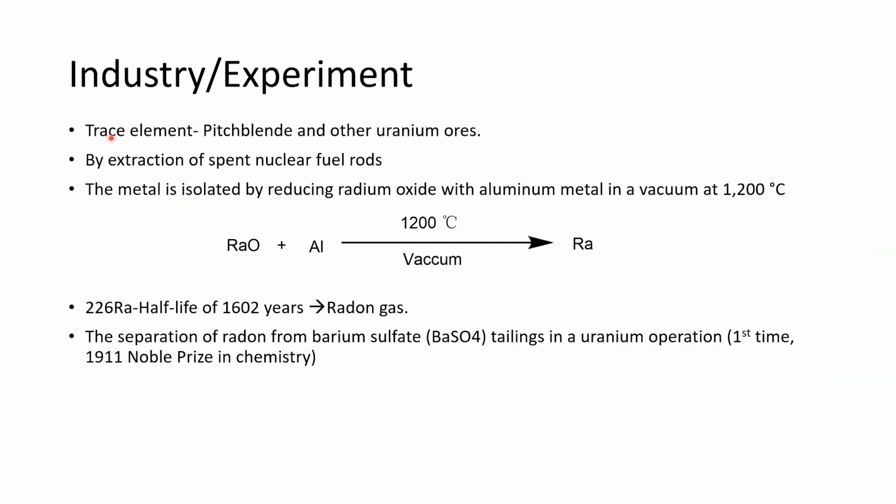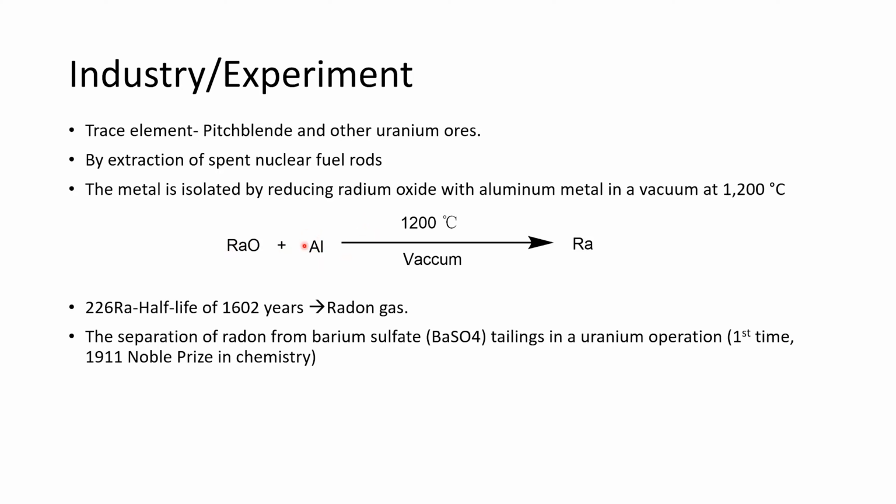Then we may see how to get pure radium in industry or in experiments. So radium is a kind of trace element on Earth. So normally in real life, people may extract pure radium from nuclear fuel rods, or people may also get pure radium from radium oxide.